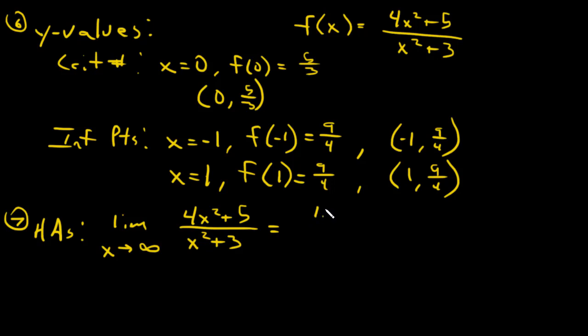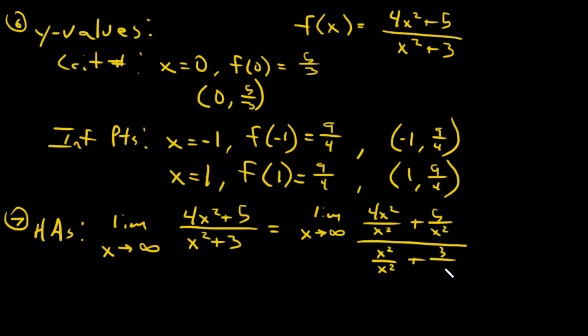So this is the limit as x approaches infinity of 4x squared over x squared plus 5 over x squared, over x squared over x squared plus 3 over x squared, which is going to simplify. This is going to become a 4, this is going to go to 0, this is going to be a 1, and this is going to 0.